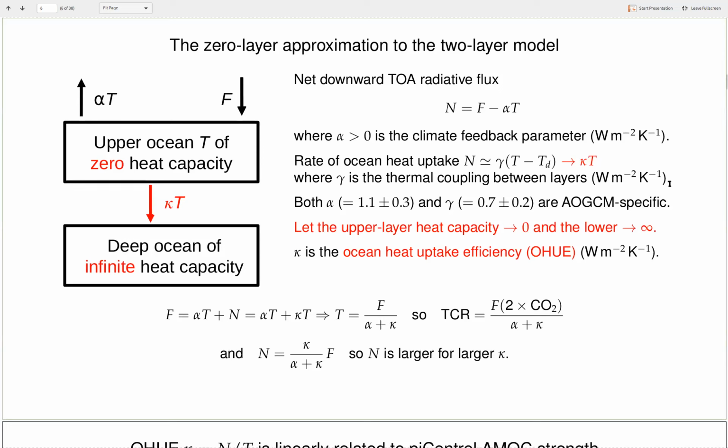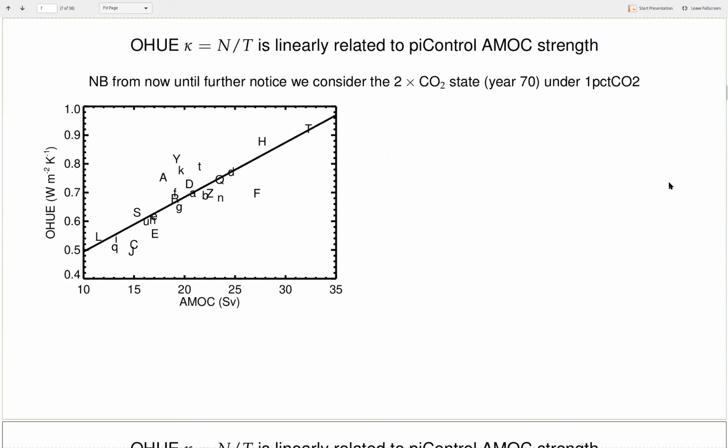And in addition, the rate of heat uptake N is kappa T. So that's N is kappa times what I just said before. And that number, N, therefore, is larger for larger kappa, because the kappa in the numerator is more important than in the denominator. So we've got this idea of ocean heat uptake being determined by this thermal coupling between the 2 layers. And if that kappa is bigger, so will heat uptake be bigger.